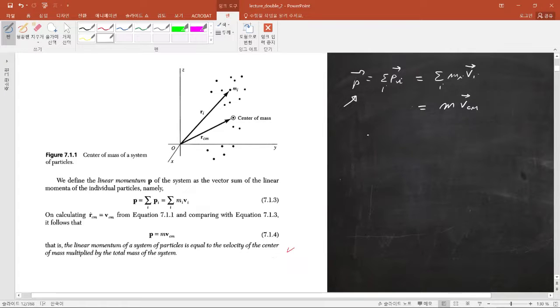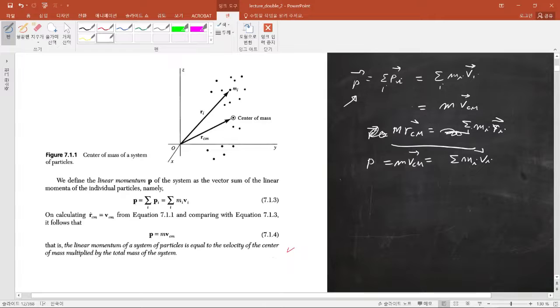Here we have used R center of mass equal to 1 over M times the sum of m_i r_i, and if you differentiate both sides, you have M v center of mass on the left, and the sum of m_i v_i on the right, where M is defined to be the total mass.